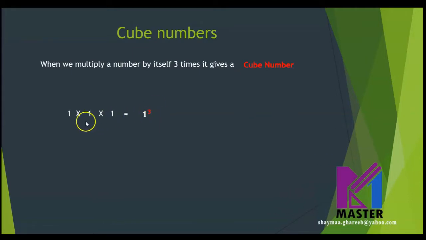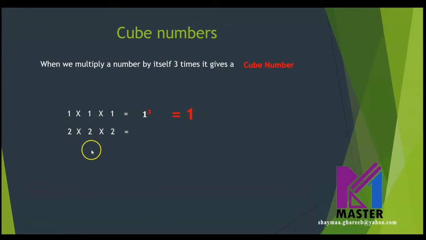What is the value of 1 cubed, or 1 times 1 times 1? 1 times 1 equals 1, times 1 one more time will give me 1. So the first cube number is number 1. When I multiply the 1 by itself 3 times, it gives me 1.